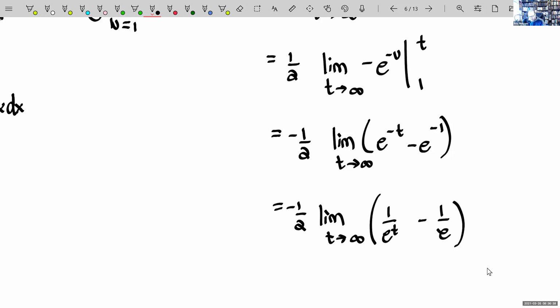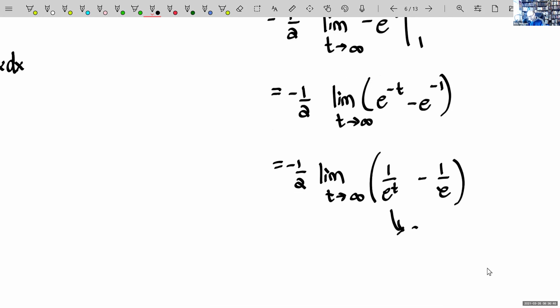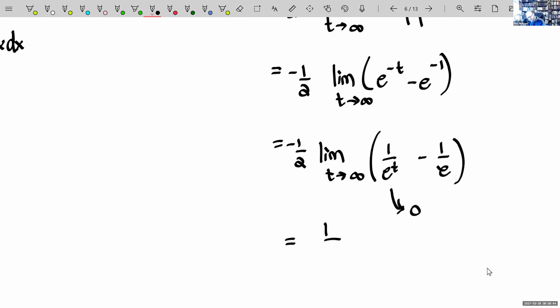And this will tend, as t goes to infinity, to 0. And so this is going to be 1 over 2e. Just letting you know, just because that is 1 over 2e does not mean our series becomes 1 over 2e. All I really care about is it converges. So this implies convergence of the integral.